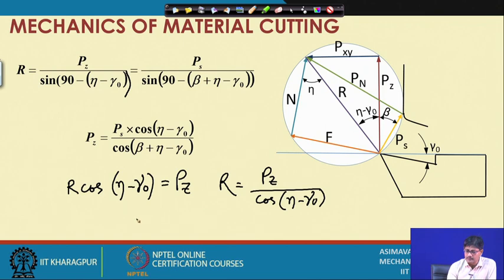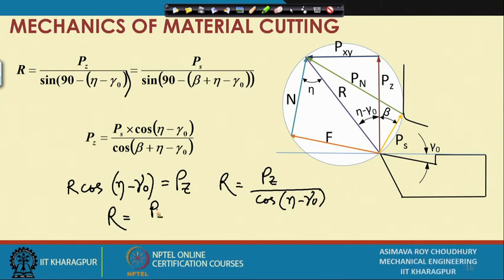And next we could have also expressed the same relation as R equal to Ps, shear force, divided by cos of (beta plus eta minus gamma 0).